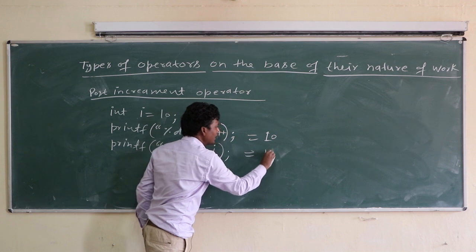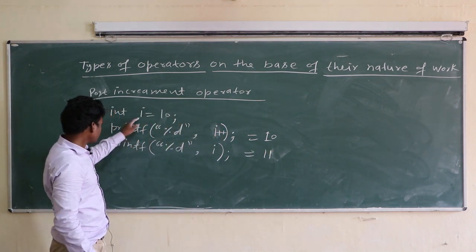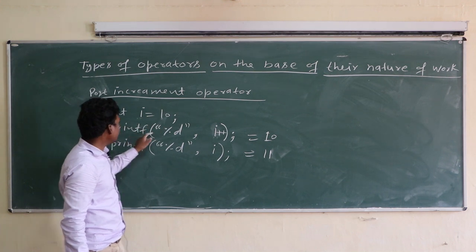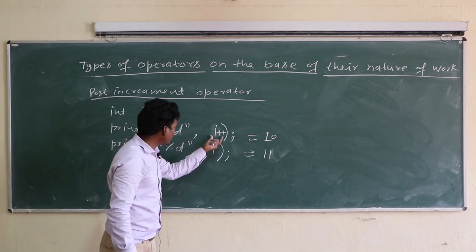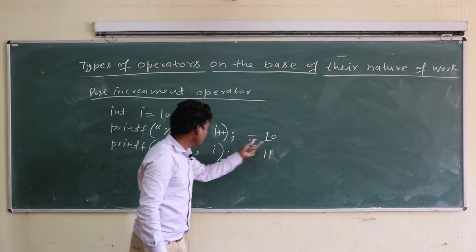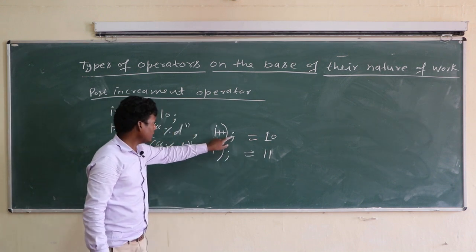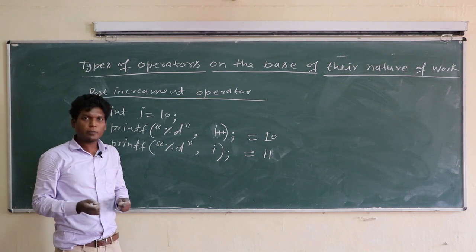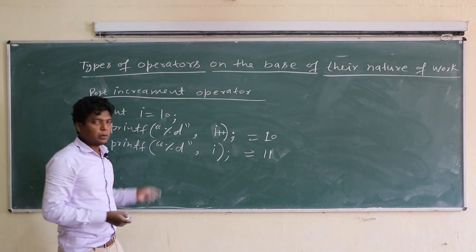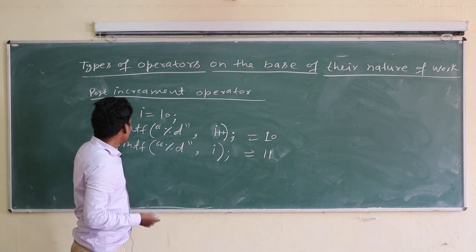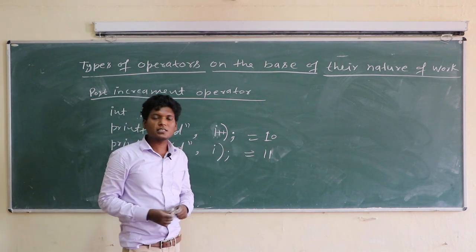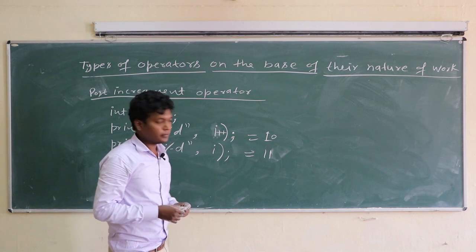The result is 11 here because I has value 10, printf %d prints I plus plus and the result is 10. After this statement, printf is a function, but it is also a statement, because a statement is terminated by semicolon.